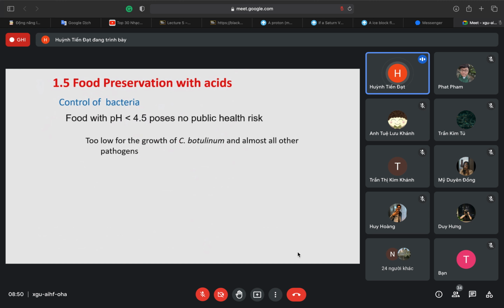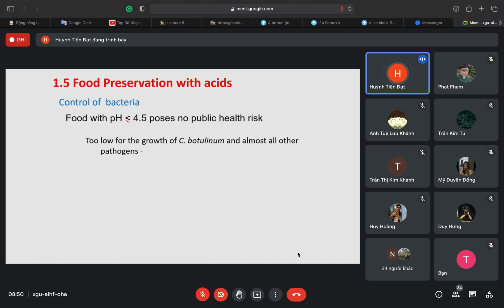It is too low for Clostridium botulinum and almost all other pathogens.